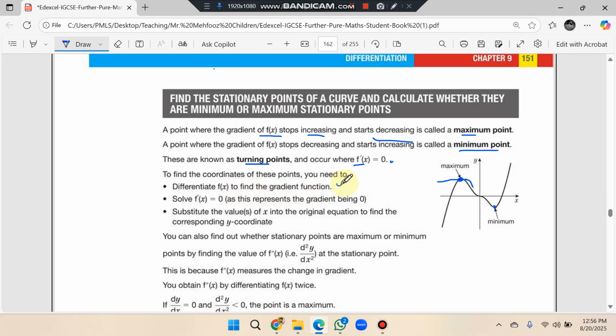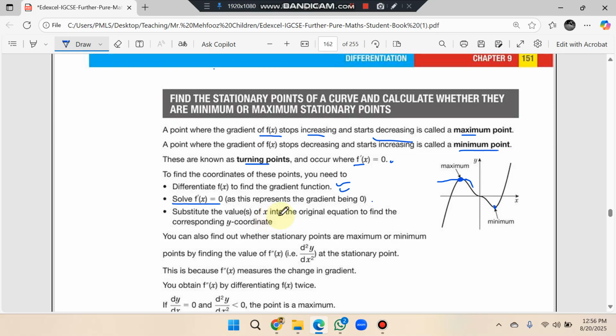First of all, this is the method to find these points. First, we have to differentiate f(x) to find the gradient function. Secondly, solve this gradient function by equating it to 0, as this represents the gradient being 0.